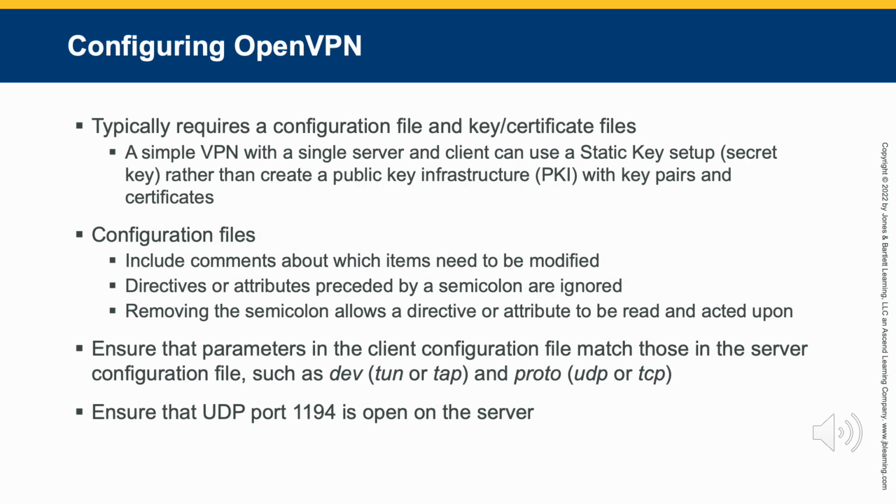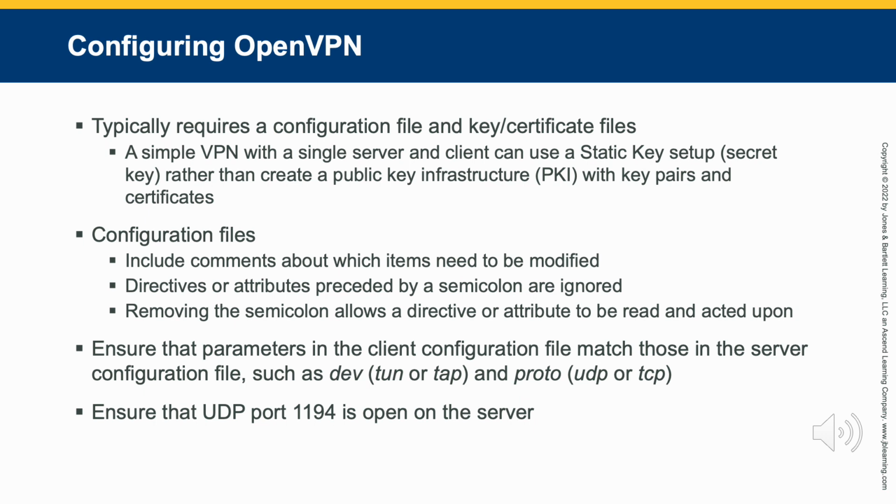Configuring OpenVPN typically requires a configuration file and a key certificate file. A simple VPN with a single server and client can use a static key setup or a secret key rather than create a public key infrastructure with key pairs and certificates. Configuration files include comments about which items need to be modified. Directives or attributes preceded by a semicolon are ignored.